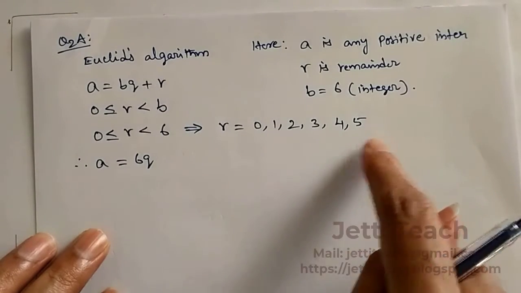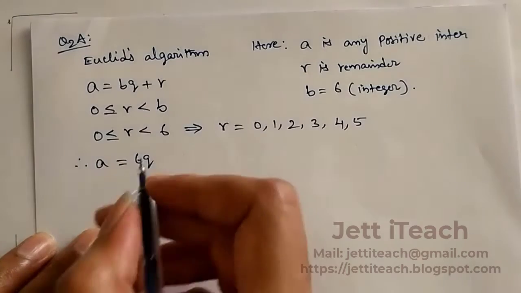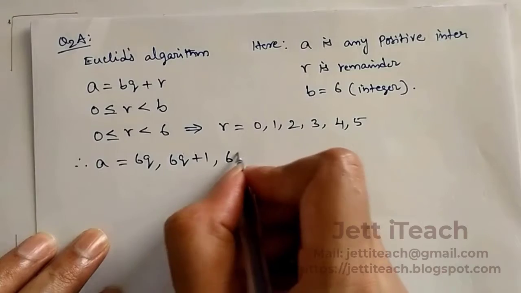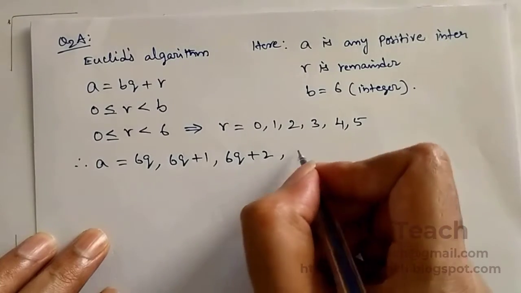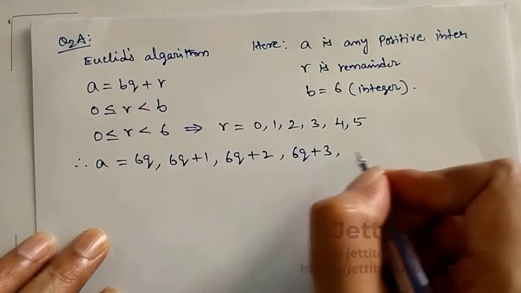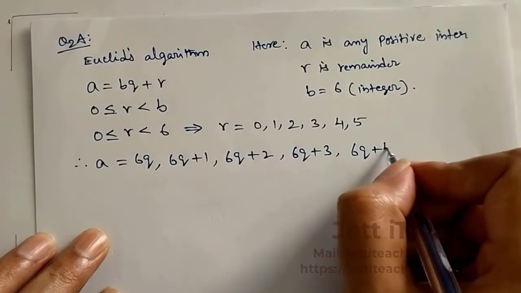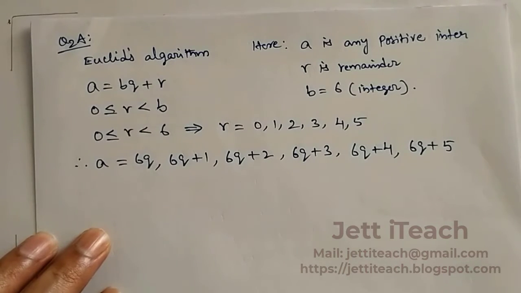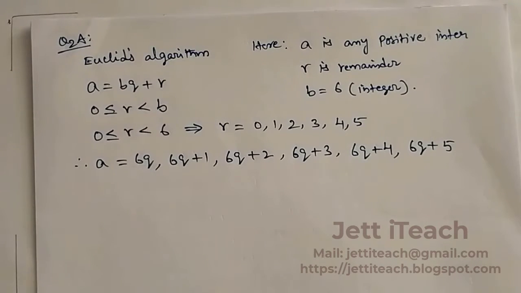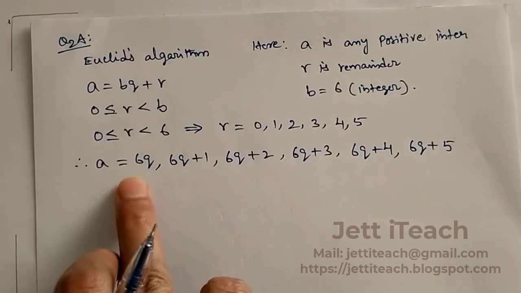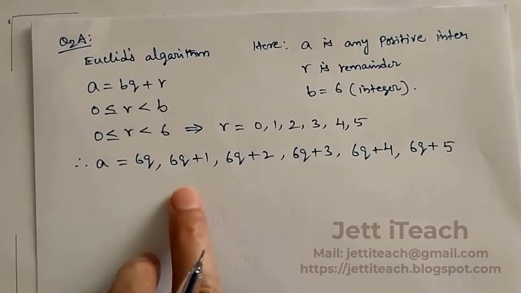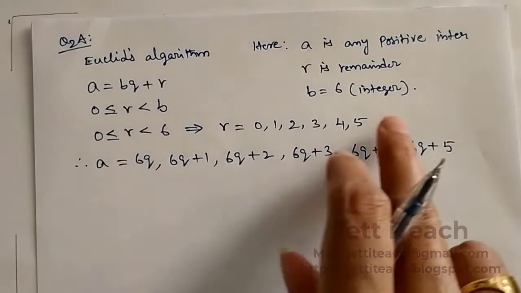For all values of r, we need to write values of a: 6q plus 0, 6q plus 1, 6q plus 2, 6q plus 3, 6q plus 4, 6q plus 5. I have substituted 6 in place of b, and I have substituted all values of r.